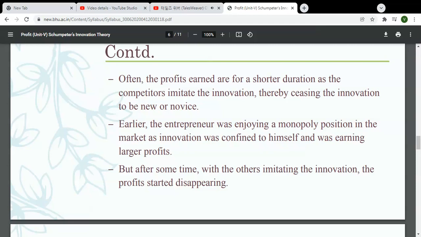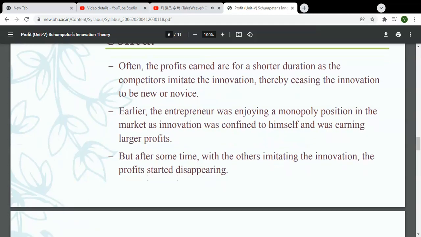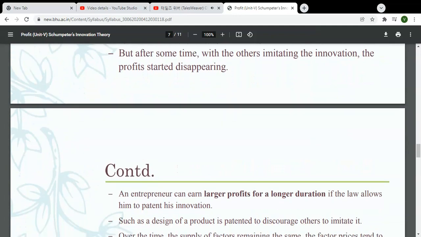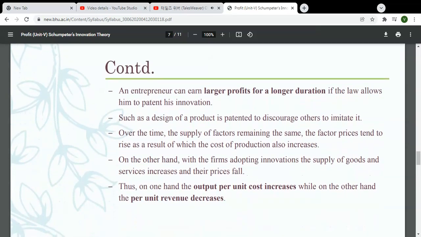Ceasing means the innovation will not be as attractive or appealing as it was, because many imitators will come who will make the same innovation as a routine form of change. The entrepreneur was enjoying a monopoly position. He was the only one who had introduced this improvement and was earning larger profits. But after some time, with others imitating the innovation, the profit started disappearing, because everybody is copying the same new technique.